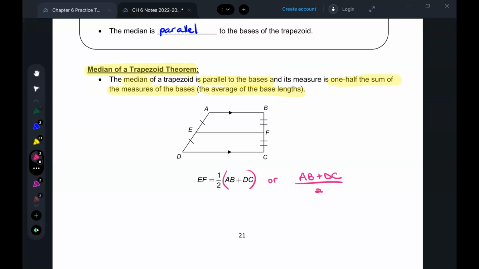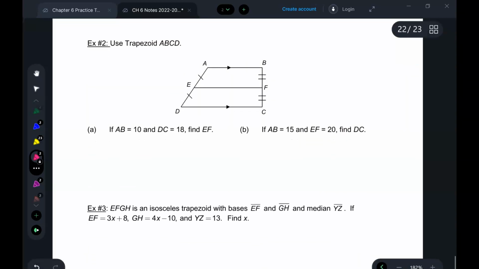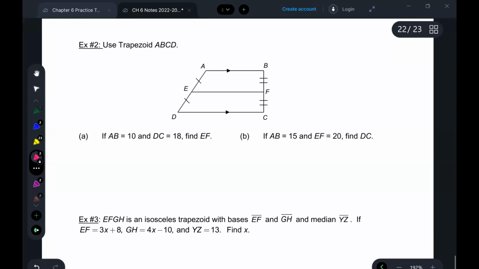So that's the median of a trapezoid. No, you don't have to do a proof of it. Okay. We know AB is 10, DC is 18. So what is EF? 14, right?